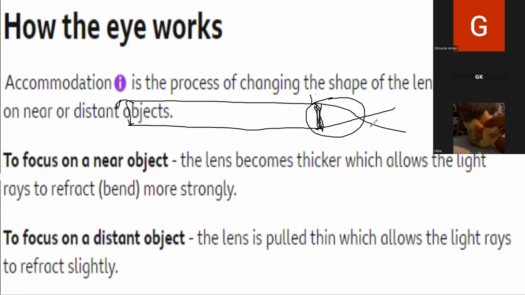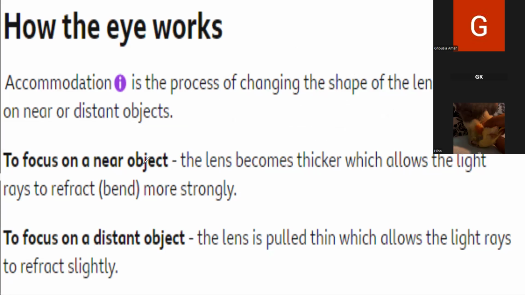How come? This time your suspensory ligaments will contract and stretch the lens, whereas the ciliary muscles remain relaxed. The opposite will happen and your lens will become very much thinner and stretched.